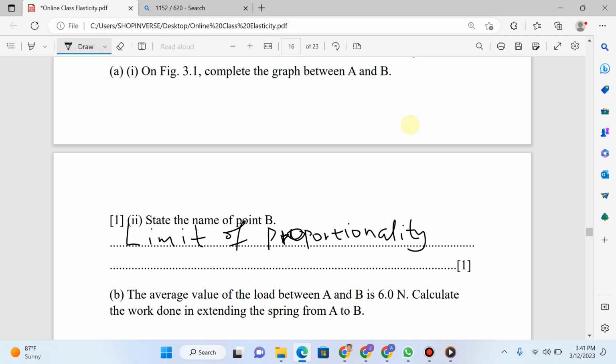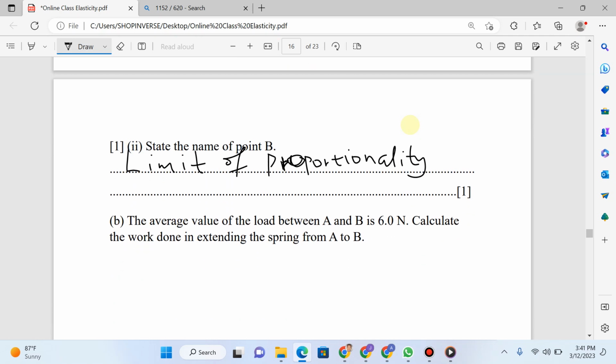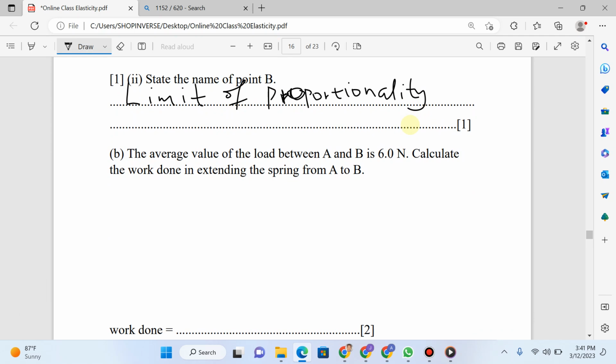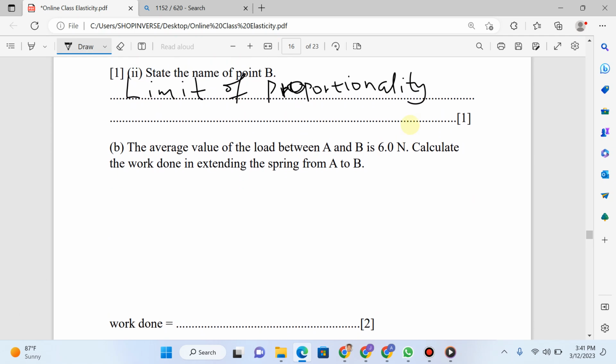The average value of the load between A and B is 6 Newton. Calculate the work done in extending the spring from A to B. How do you get work done? Work done is equal to average force multiplied by distance.